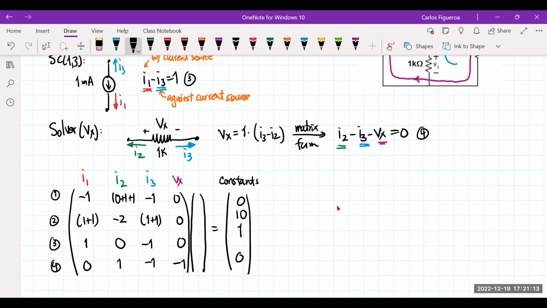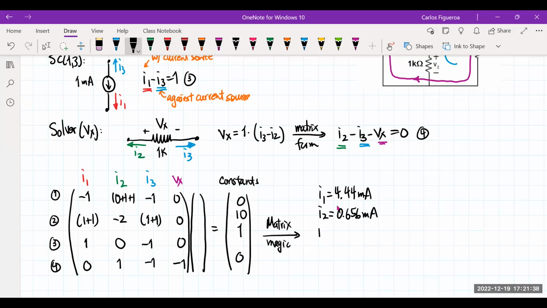So now I'm going to go to matrix magic. I have I1, which is 4.44 milliamps. I have I2, which is 0.656 milliamps.